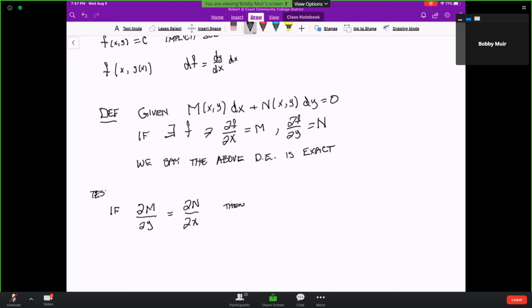Okay, so this is the test for exactness. Then M dx plus N dy equals 0 is exact.